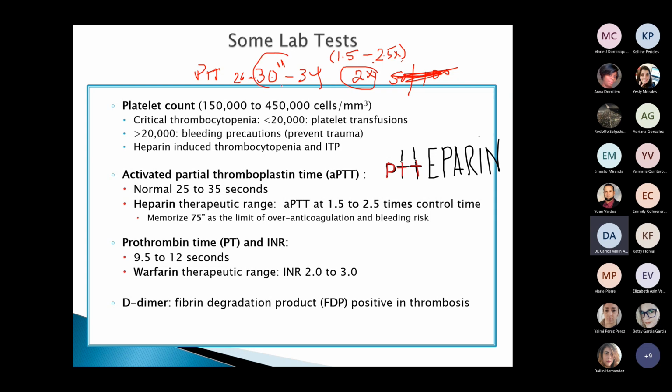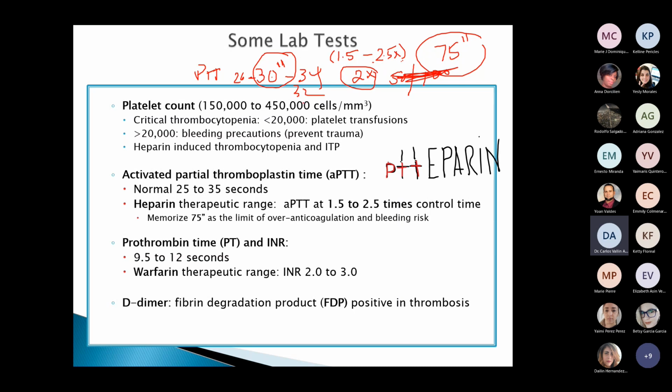A person that has the PTT in 30 seconds can go even to 75 seconds because it is exactly twice, twice 0.5, sorry, the 30 seconds. But if the person instead of 30, the normal is 32, it's going to be a little more.